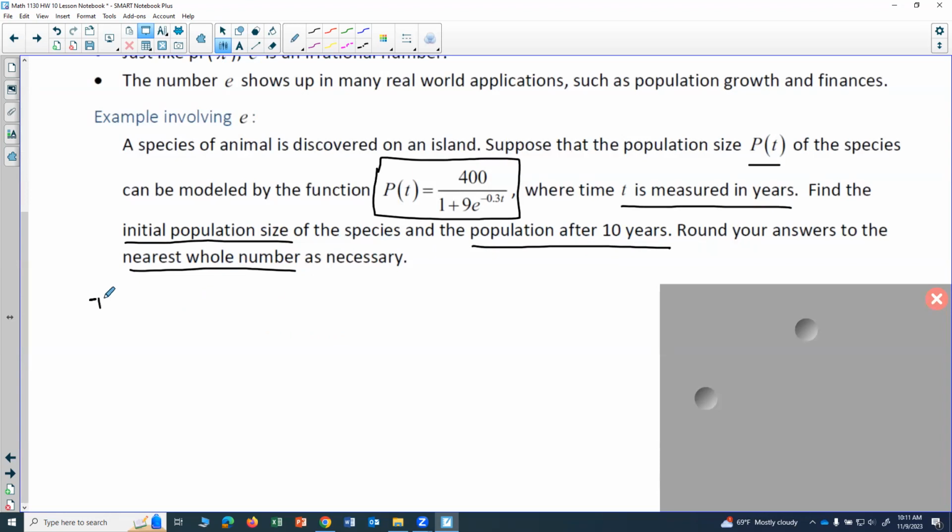So for the initial amount, or the initial population, we're going to let t equal 0. So we will have the population at time 0 is going to be 400 over the quantity 1 plus 9e to the negative 0.3 times 0.